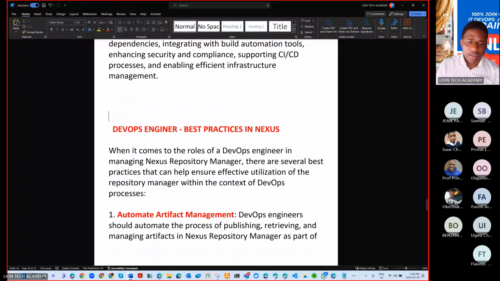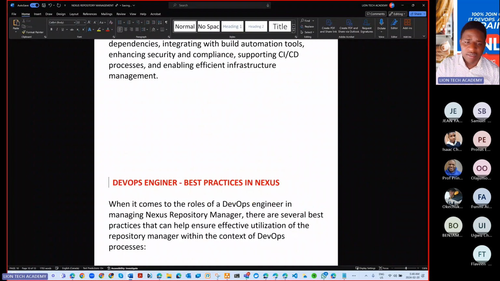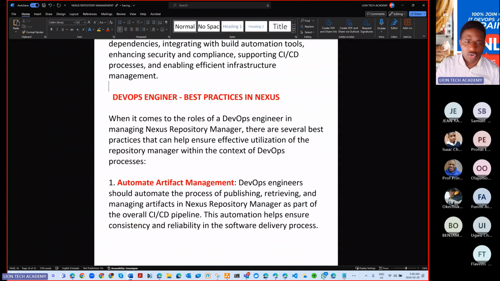So you're working in a company as a DevOps engineer. What then are some of the best practices that you should be helping your organization to align with? Now, why is this important? In most cases, you will find yourself being the lone DevOps engineer in the company. An organization is about to start a new project, and they need a DevOps engineer.